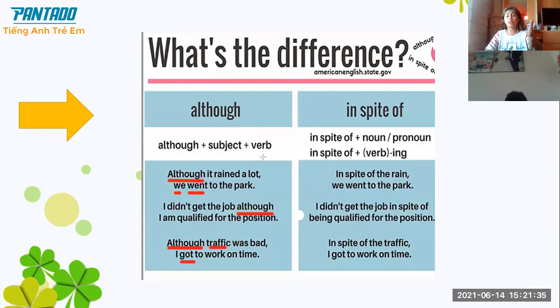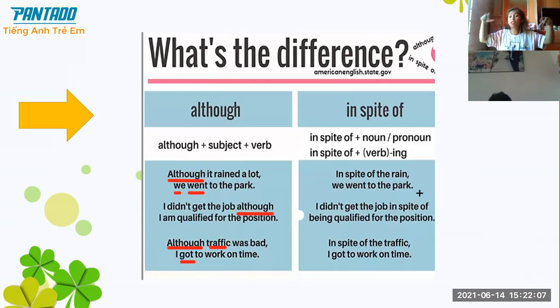Although subject plus verb. But if you look at this, Tab, it is still quite the same. They are expressing contrast. Although it rained a lot, we went to the park. Look at this one: in spite of the rain, we went to the park. They have the same meaning, contrasting the idea that they went to the park although it rained.